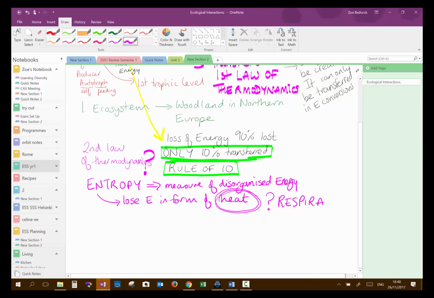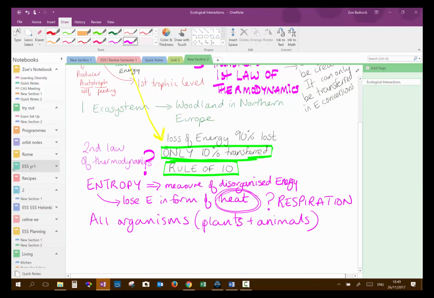Okay? That's one of the reasons why we don't get much energy transferring between trophic levels, because all organisms respire. That's plants and animals, remember? Remember, that's important for your carbon cycle as well.